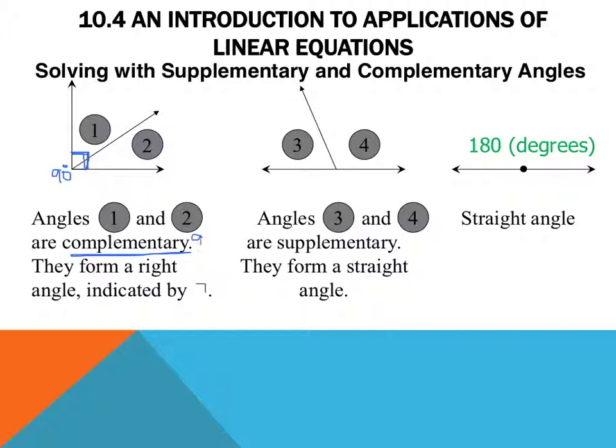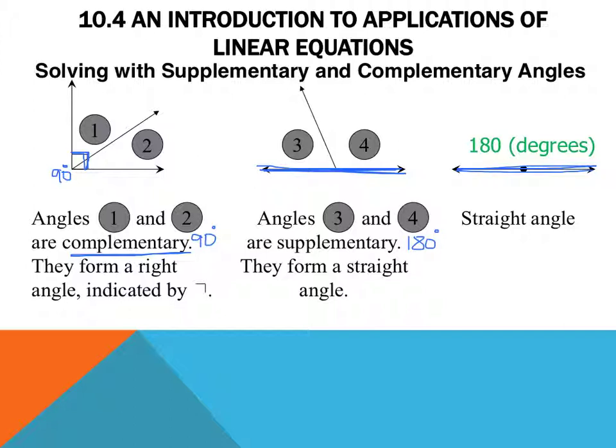Remember, complementary, 90. Two angles are supplementary if they form a straight angle. Notice the two angles together form this straight line. So angles 3 and 4 are supplementary, and supplementary angles form a straight angle, which is 180 degrees.